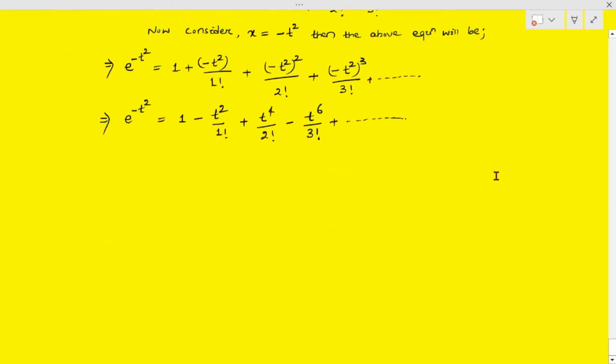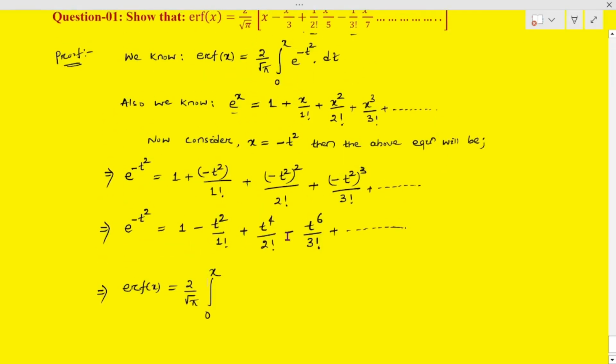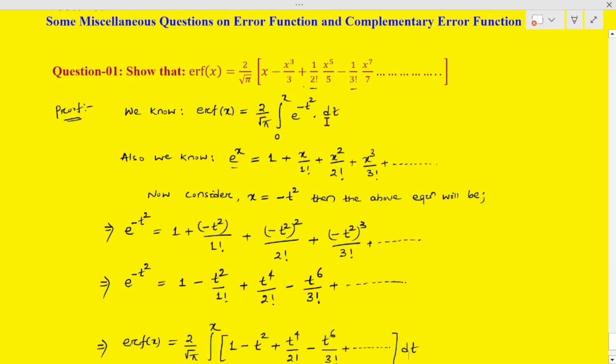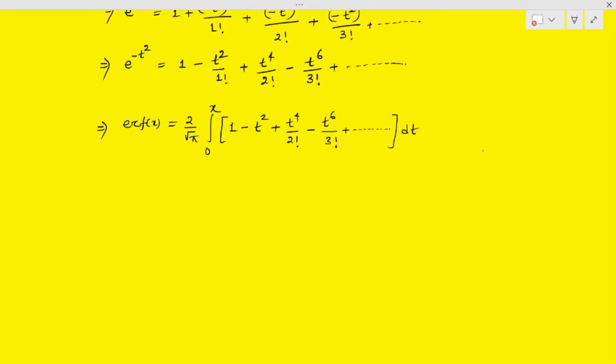That implies error function of x is equal to 2 by root pi integral from 0 to x of, in place of e to the power minus t square, 1 minus t square plus t to the power 4 by 2 factorial minus t to the power 6 by 3 factorial plus so on, bracket closed, with respect to dt. Now we are going to integrate each and every term with respect to t.